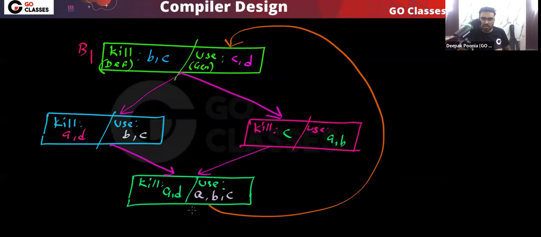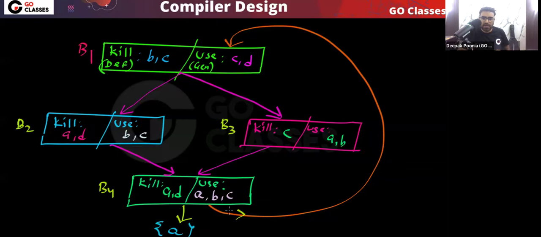Now, for these basic blocks, let me number them B2, B3, and B4. Now you can notice that for this B4, there is this outgoing edge and this outgoing edge. There are two outgoing edges for B4. Yes or no? On this outgoing edge, which variables are alive?